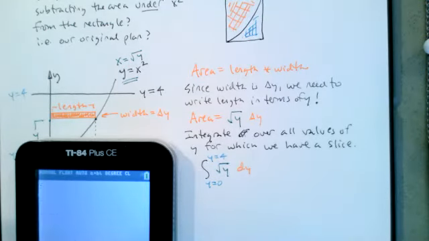Let's do a numerical integral of the square root of y with respect to y from 0 to 4. So it looks like 5 1/3.